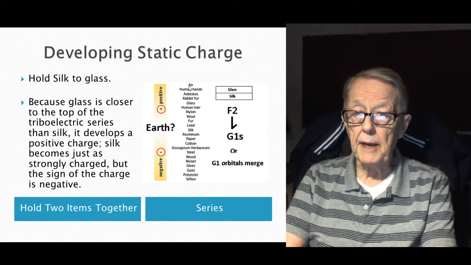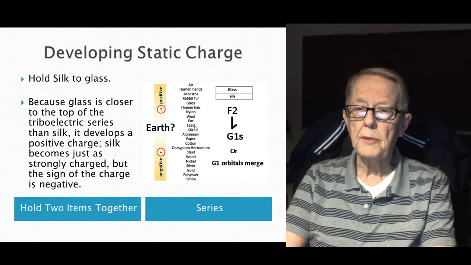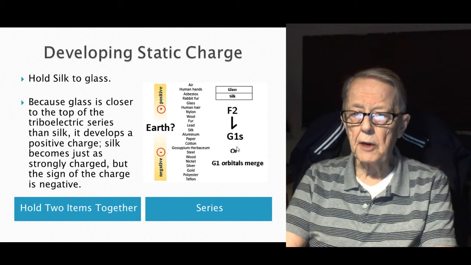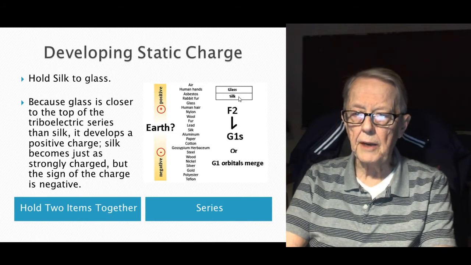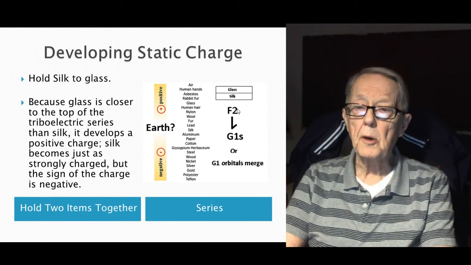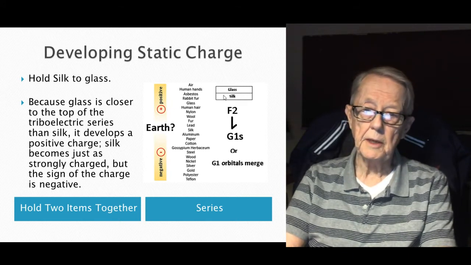You've got human hands, you've got air, but they don't have the Earth. Maybe the air replaces it, I don't know. On the right of the chart, I've added the fact that I've taken glass and silk and held them together. The particle model would suggest, and I don't know how it builds up around this.